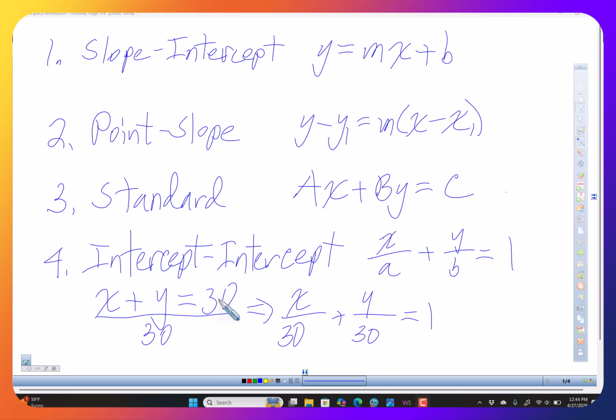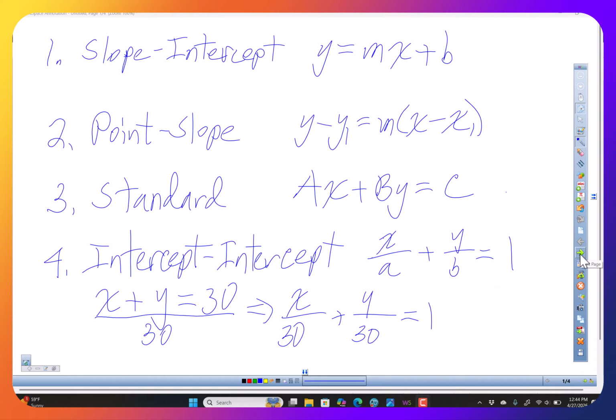If we start with a standard form equation of a line, x plus y equals 30, and divide both sides by 30, we get x over 30 plus y over 30 equals 1. So my x-intercept is 30, my y-intercept is 30.